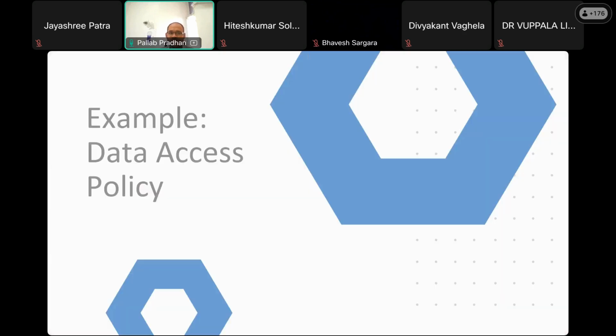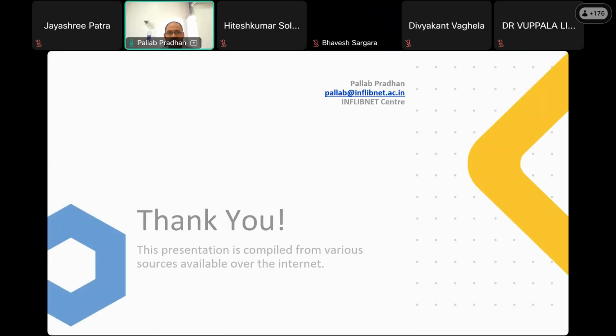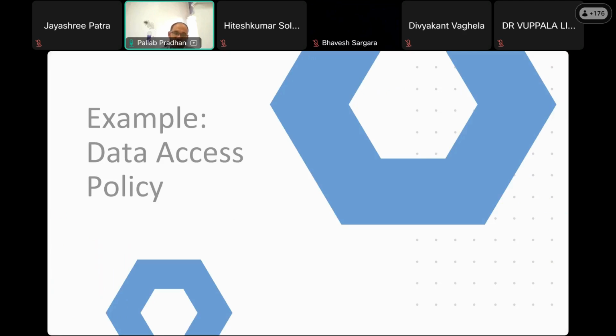There are many examples of data access policies. You can go through the ICSSR data policy, data.gov.in, and there are so many policies available. I was conducting research and around 37 policies are available from the Government of India ministries.